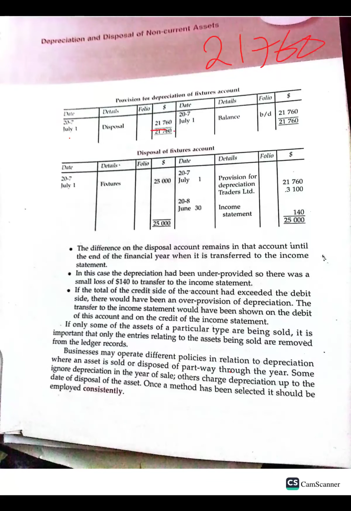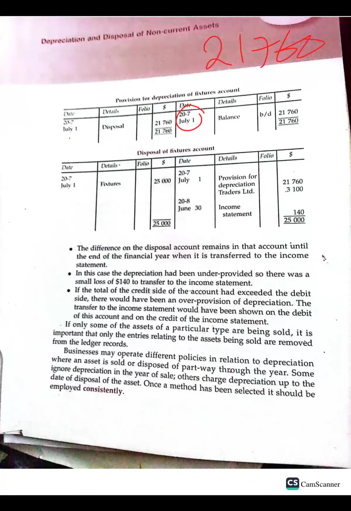as the total value that you have. Remember, we said that you credit the provision for depreciation. In this case, why do you credit this account, the provision for depreciation account? It is because when you go to the profit and loss account, the income statement, you're going to debit the income statement with the depreciation.